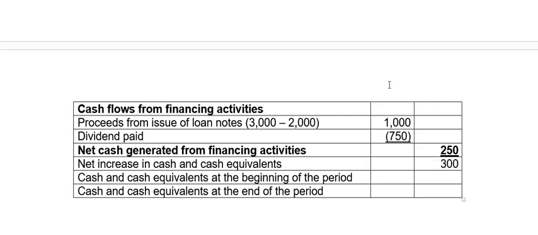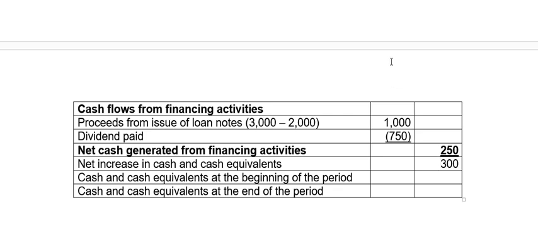We have a positive 300, meaning that this is what the company has generated. This is the net increase in cash and cash equivalents. So the company's cash position has changed by 300,000 over a period of 1 year, from 2003 to 2004.